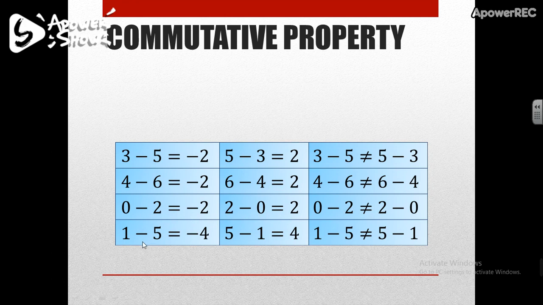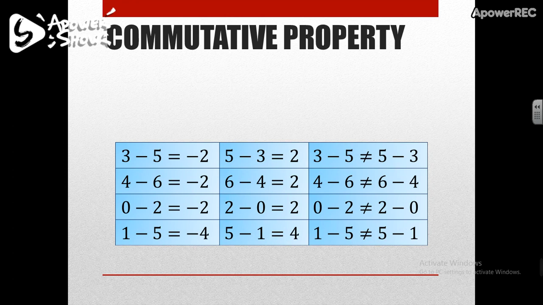Now I am taking 1 and 5. After subtracting 5 from 1 I am getting minus 4, and here I am subtracting 1 from 5, so I am getting 4. So from there again I am getting 1 minus 5 is not equal to 5 minus 1. So from all these examples we are getting that we cannot subtract whole numbers in any order.